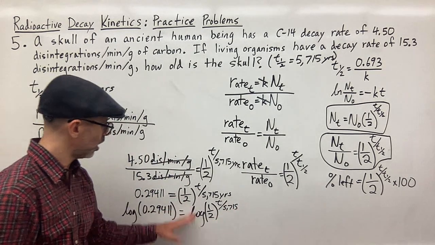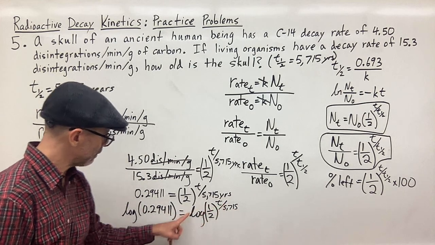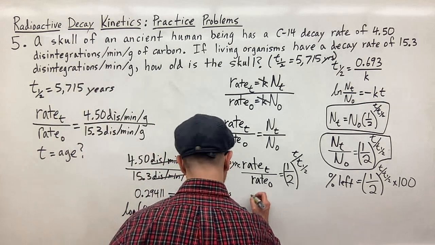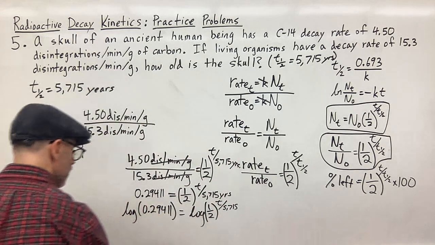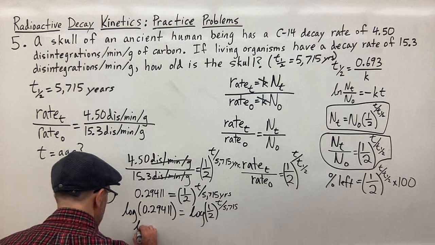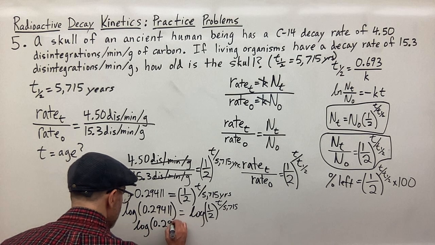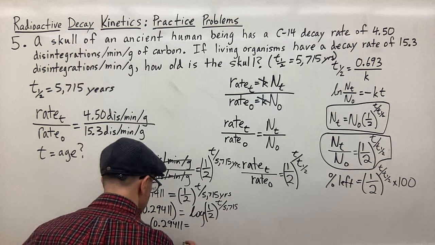Now, because of the laws of logs, we can take this power and put it in front. So here, I'm going to have the log of 0.29411 is equal to, I'm going to bring this to the front.